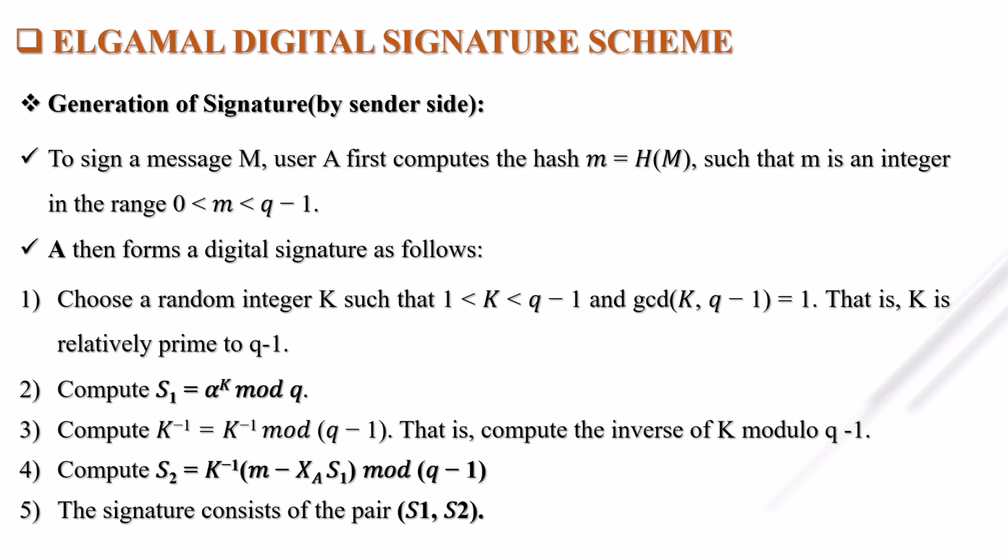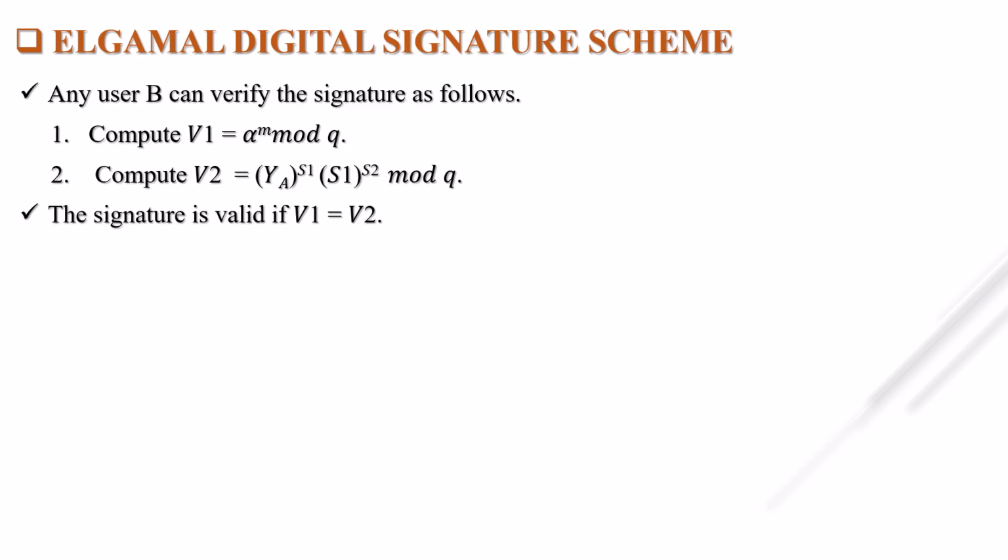Now we see how to verify this signature on the receiver side. Any receiver can verify the signature in the following way. First, he or she will compute verification 1 and then verification 2. If both answers are equal, then he or she can be assured that the signature is valid.